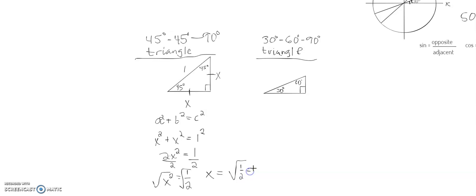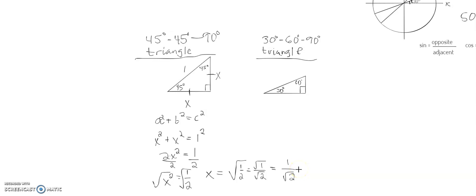which is the same thing as the square root of 1 over the square root of 2, which is just the same thing as 1 over the square root of 2, because the square root of 1 is 1. And lastly, what some authors like to do is rationalize the denominator. That essentially means get rid of any radicals that are in the bottom.